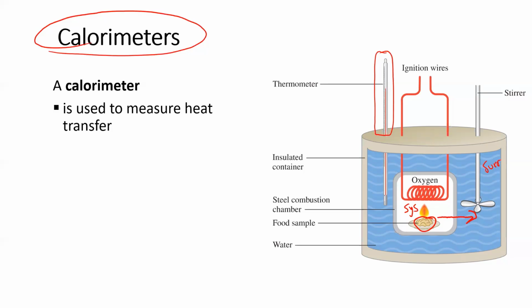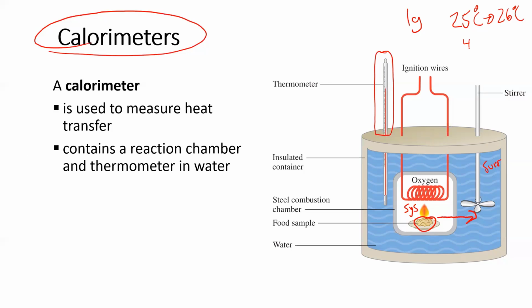Now, why is that important? If I have 1 gram of water and I want it to go from, let's say, 25 degrees Celsius to 26 degrees Celsius, that requires energy. Now, earlier we said we measure energy in the form of joules. So 1 gram of water to go up 1 degree Celsius requires 4.184 joules.